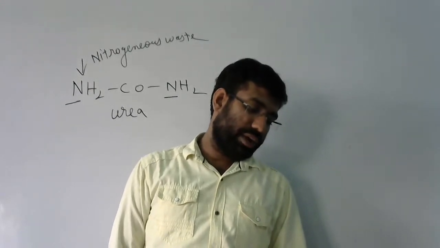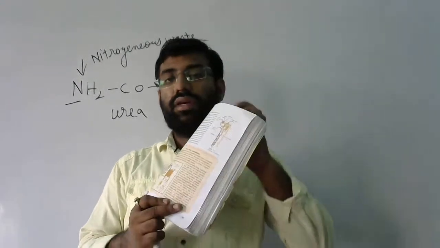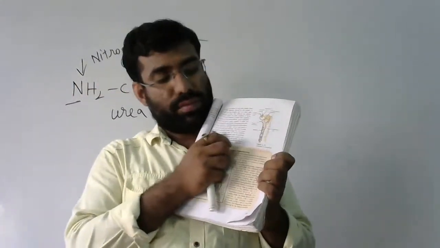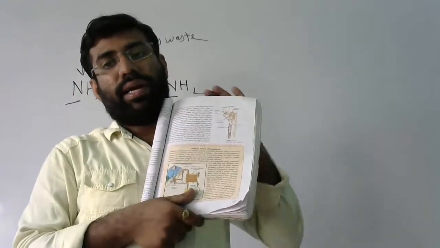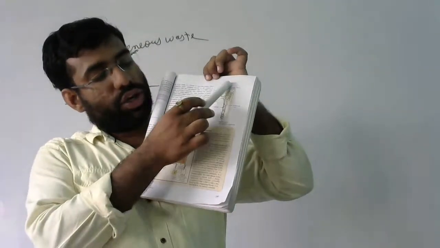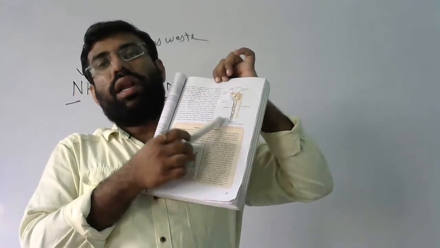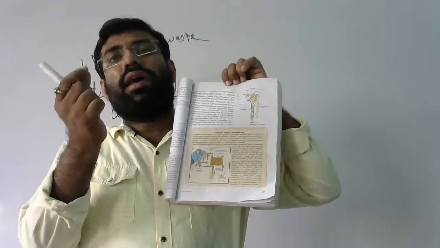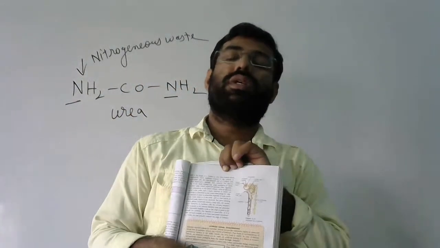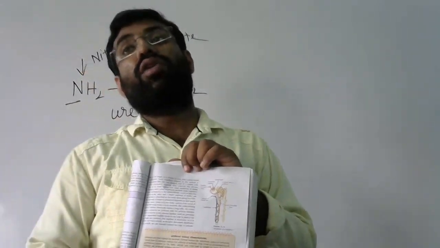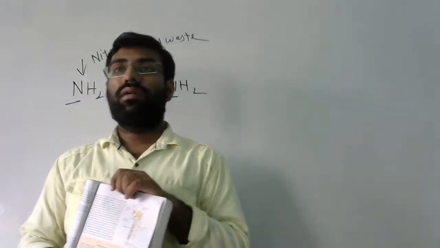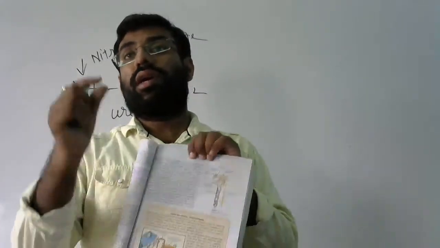that collects the filtrate. All of you look here. This is the structure of a nephron, the structure of many nephrons. When an exam question comes, what is the basic unit of kidney? The basic unit of kidney is the nephron.